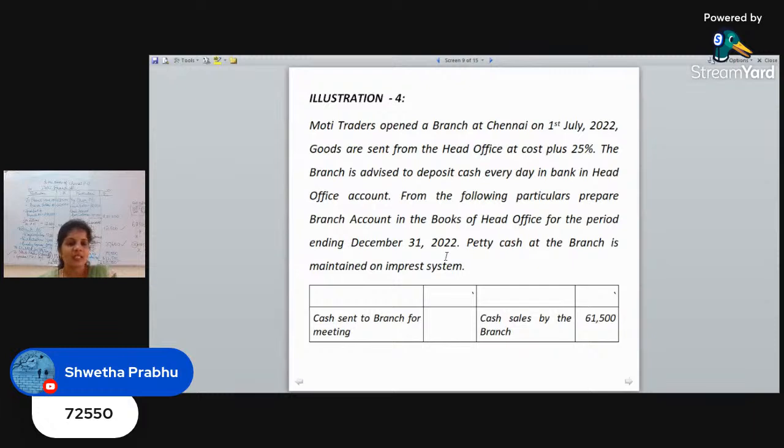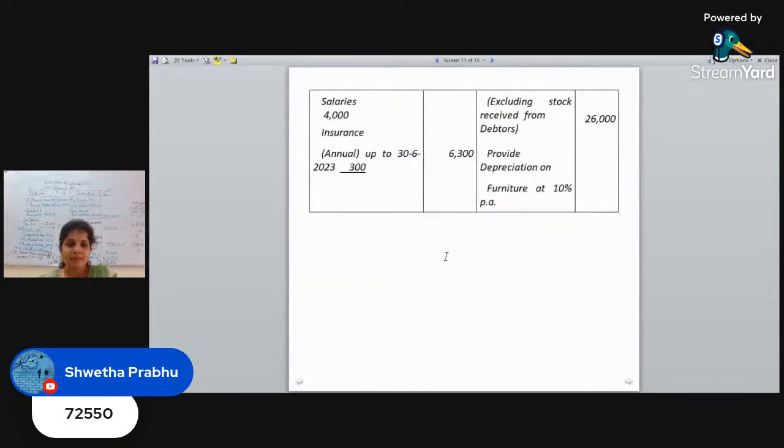They are closing it on 31st December. But since this amount of insurance is paid till June of next year, for how many months have they paid in advance? For 6 months, correct? 300 rupees have been paid in advance for 6 months.